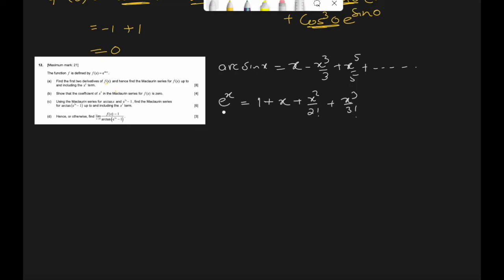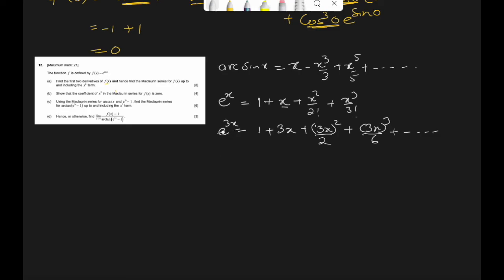We have to convert it to e to power 3x. That means in place of each x we will write 3x now. So 1 plus 3x plus 3x square over 2. I'm writing just 2 because 2 factorial is 2. 3x cube over 3 factorial, which is 6, and so on.